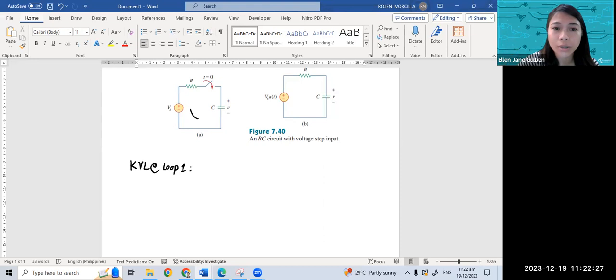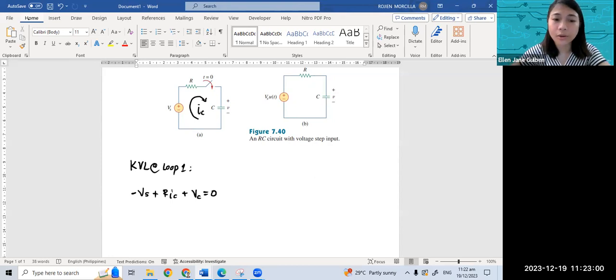Much better if we follow the direction of the current in our capacitor. So we will be doing clockwise. So we have this IC. We have negative Vs plus R IC plus Vc. Take note, KVL is the system of voltages. So all of these are voltage.